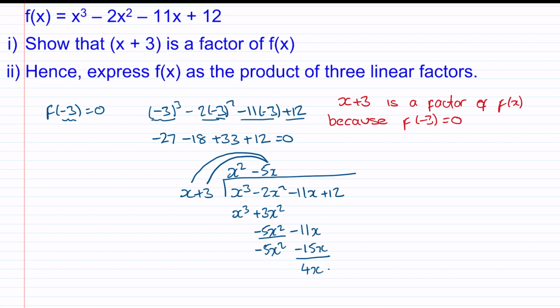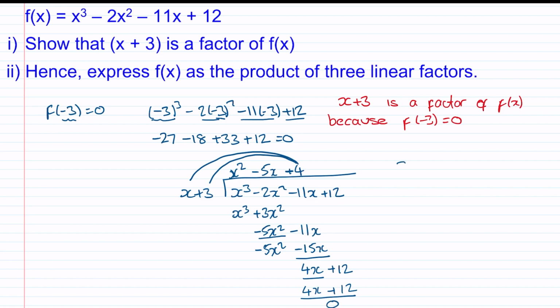We'll drop down our next term, and then we'll divide the 4x by x, which is 4. So finally, we'll multiply this out again. We have 4x and 12, and we can see the difference is 0.